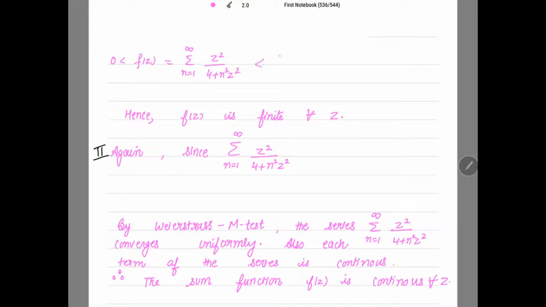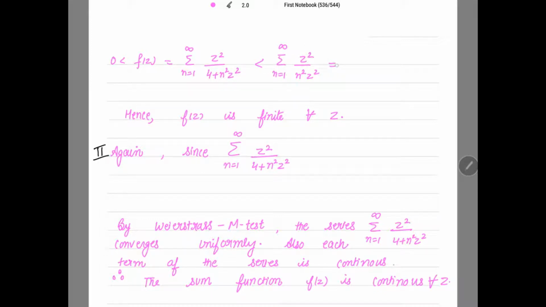Just think about the denominator. If I skip the denominator term 4, which is positive, this will be less than z square over n square z square. This fraction will be greater than the previous one.